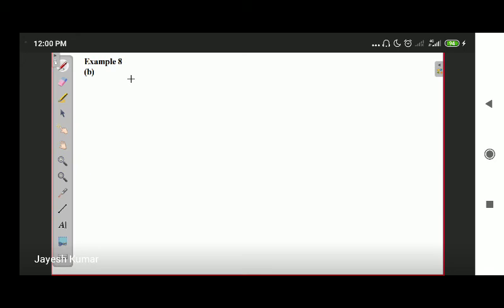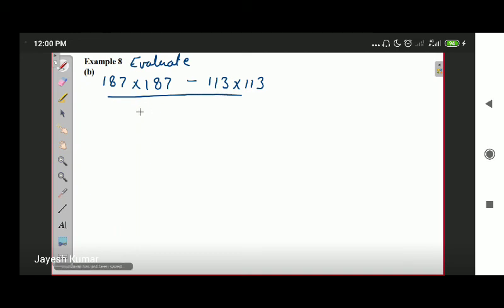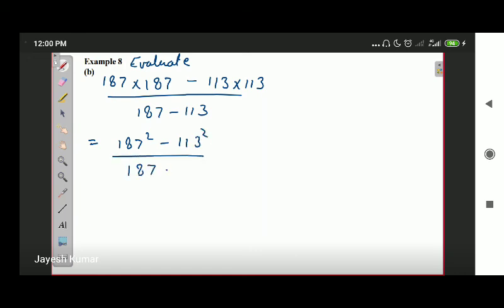So part B of example number 8 is evaluate. Evaluate simply means you have to simplify 187 into 187 minus 113 into 113 upon 187 minus 11. So let me rewrite it as 187 square minus 113 square upon 187 minus 11.